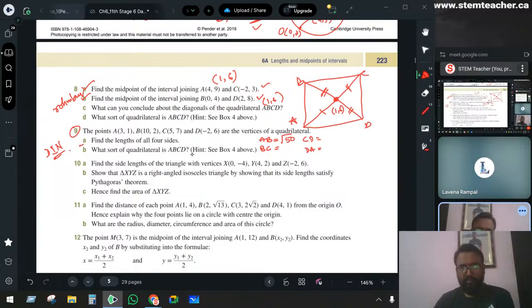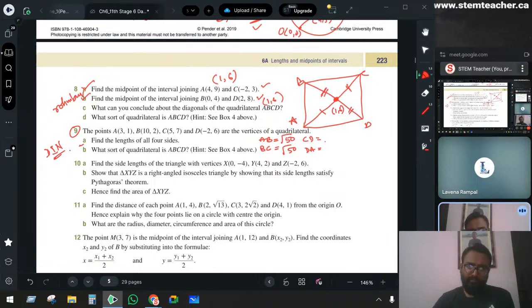Okay. What is CD? 49 plus 1, root 50. It's root 50.